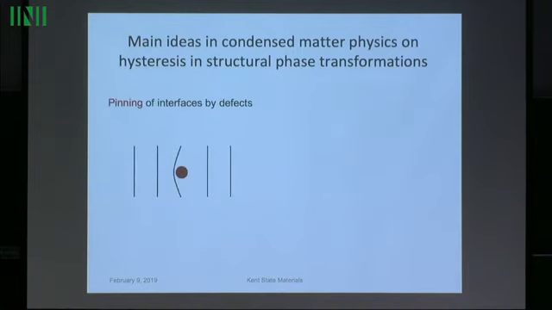Since the energy conversion devices very strongly depend on having the smallest hysteresis possible, we need to face hysteresis. So the main ideas I want to discuss are approaches to understanding hysteresis. One classic one is the pinning of interfaces by defects. So you have an interface between the two phases, and inevitably in the material there are some non-transforming defects.